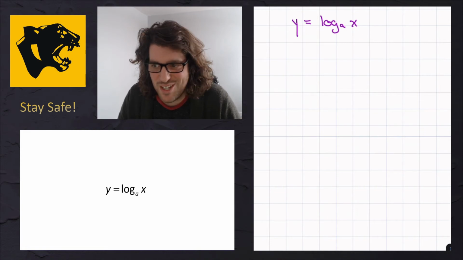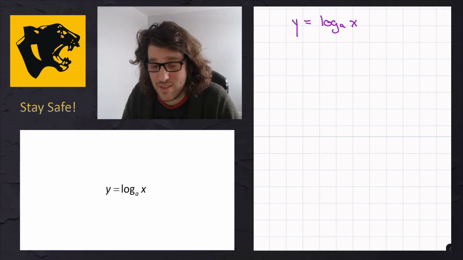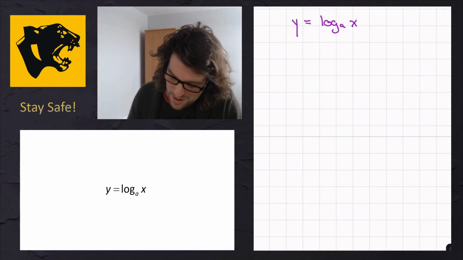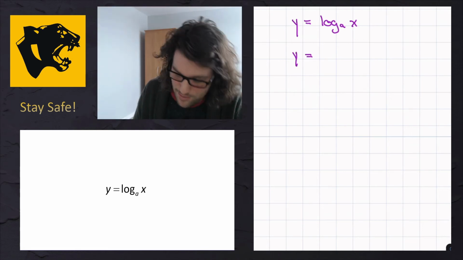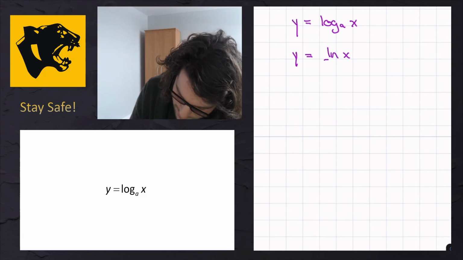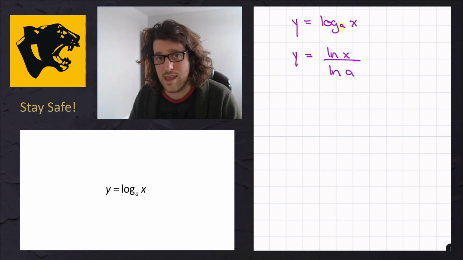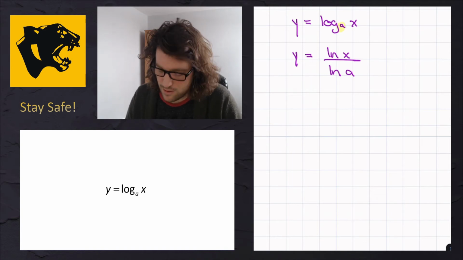So that might be something that is a little bit rusty from Pre-Cal A. That was a long time ago for most of you. And if we apply that here, then I can rewrite this as the natural log of x divided by the natural log of A. So I've changed the base here from an A to an E, which is what the base is on a natural logarithm.